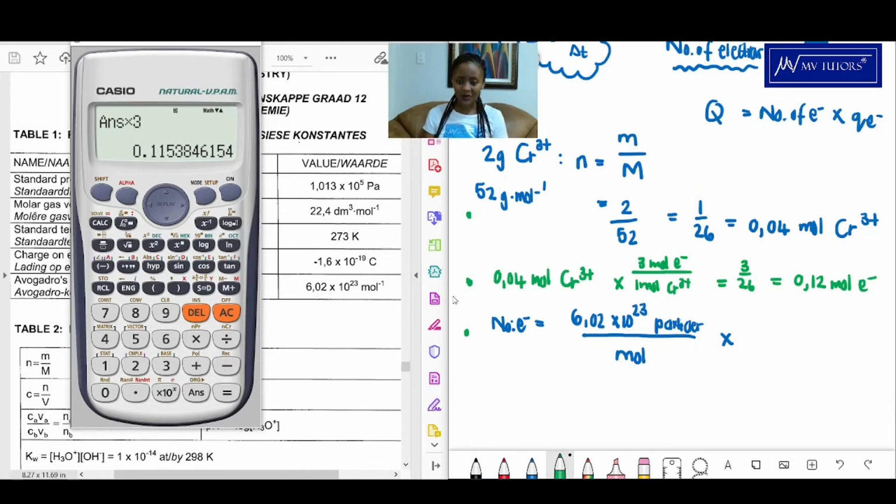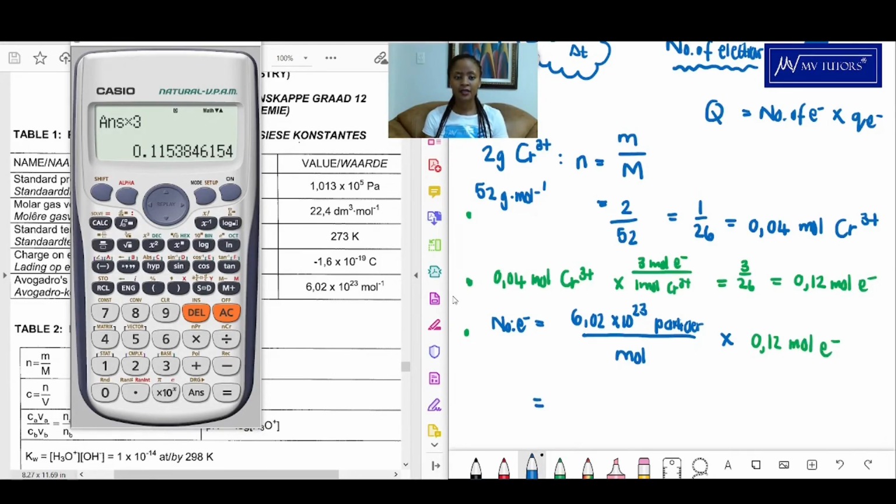So now for me to get the number of electrons, I'm going to take Avogadro's number, which is particles per mole. You could say electrons per mole, protons per mole, but we're interested in electrons per mole. So we're going to multiply by 0,12 mole of electrons.